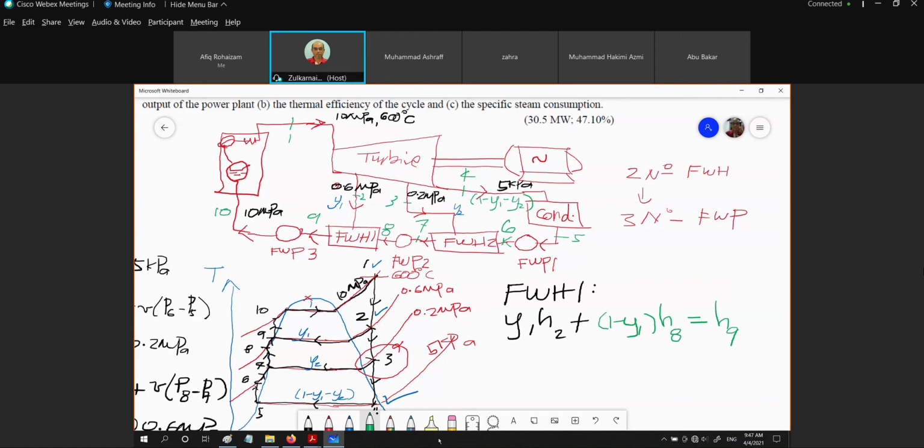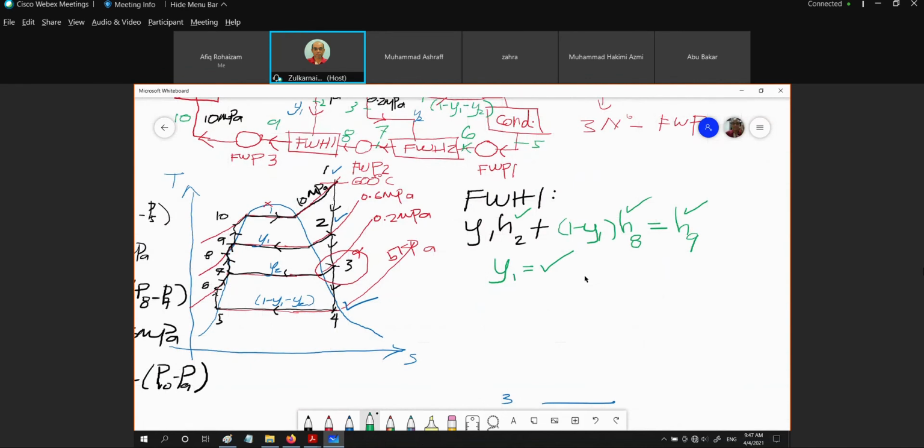Okay. So from here, we solve for Y1, because we have all the enthalpy except for Y1. And then we look at the feed water heater number 2.